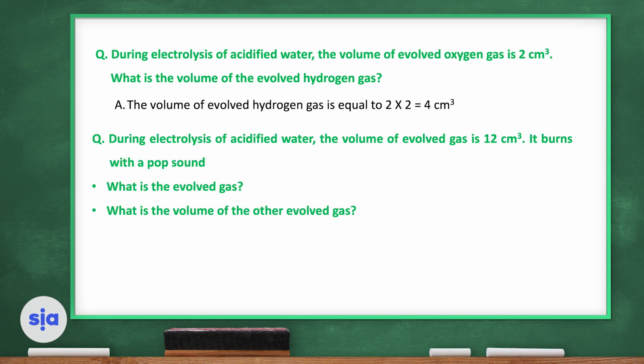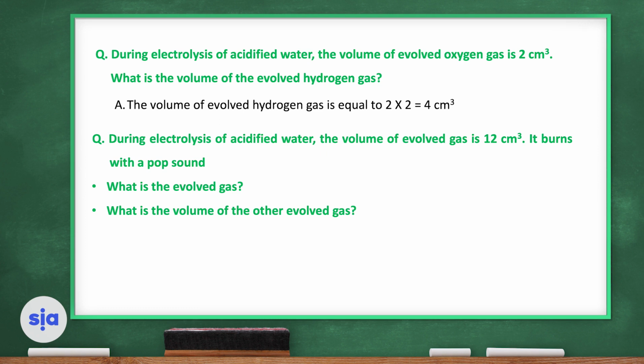Another question. During electrolysis of acidified water, the volume of evolved gas is 12 cubic centimeters, and this gas burns with a pop sound. What is the evolved gas, and what is the volume of the other evolved gas?